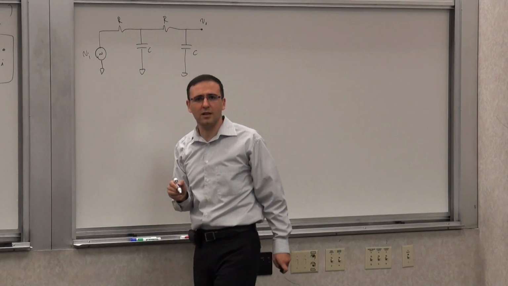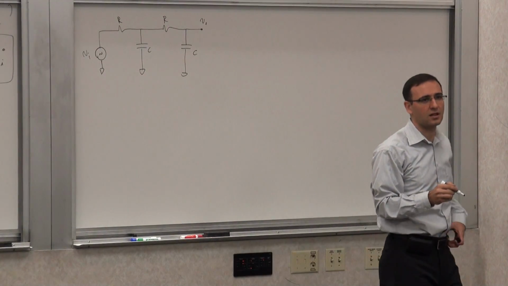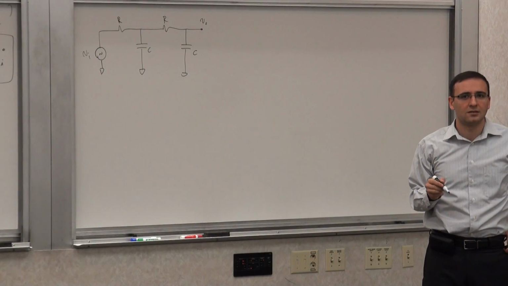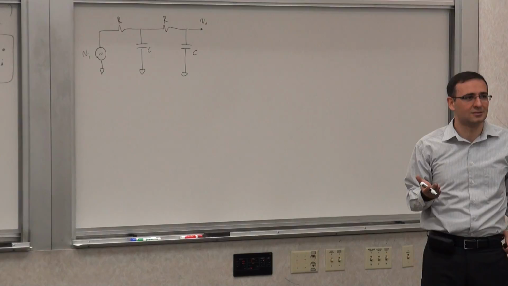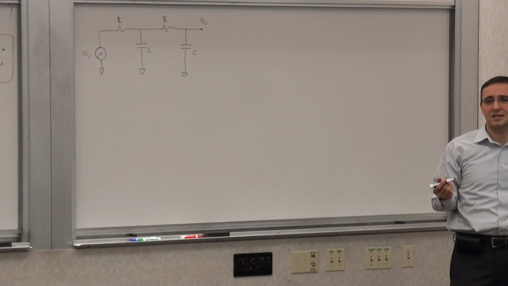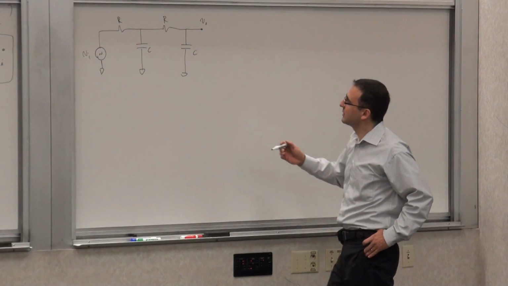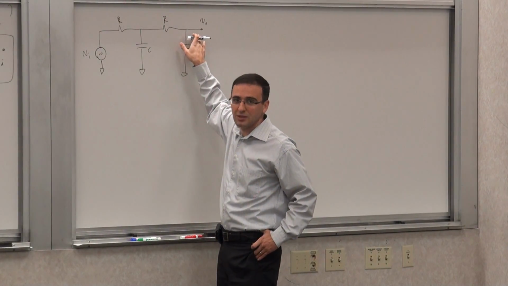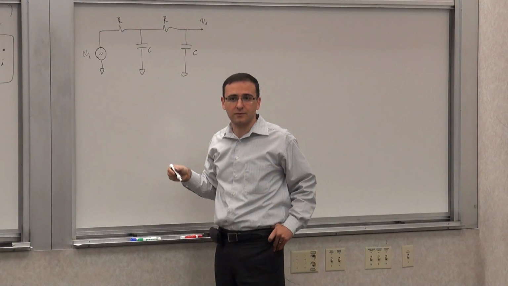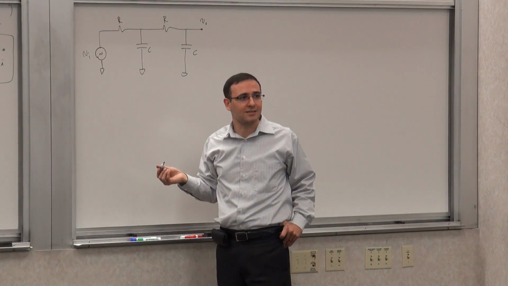Same value. What kind of a transfer function, by the way, do you expect from something like this? Low pass, high pass, what do you think? Well, if you want to see what it is, look at it at low frequencies and very high frequencies, right? At low frequencies, the capacitors are not there, so you get the signal, and the output is the same as the input. At very high frequencies, it's shorted to ground from here. So it's a low pass.